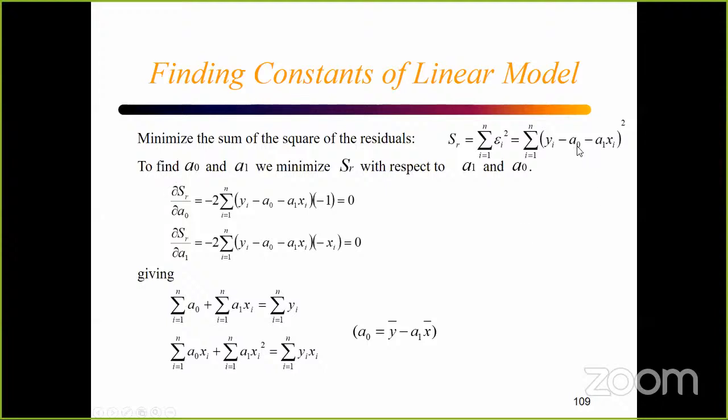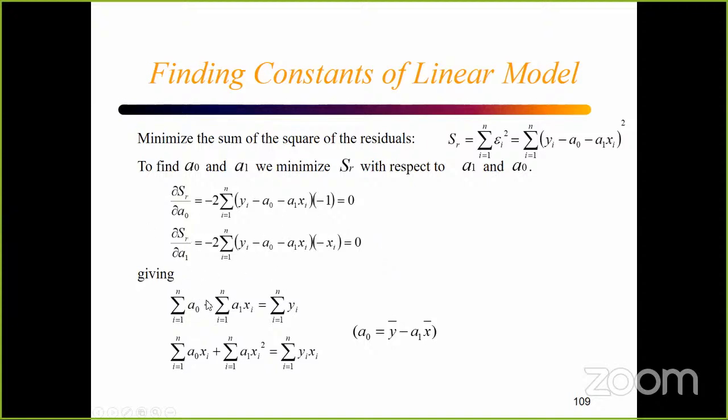Our intention is to find a0 and a1 by minimizing the residual with reference to a1 and a0. What will happen? Take the derivative of this, del S over del a0, which is minus 2 times summation of yi minus a0 minus a1 xi, equal to 0, and with reference to a1, the same case, equal to 0. Remember, giving this, what does it give?